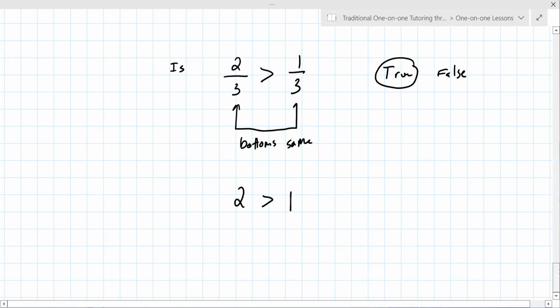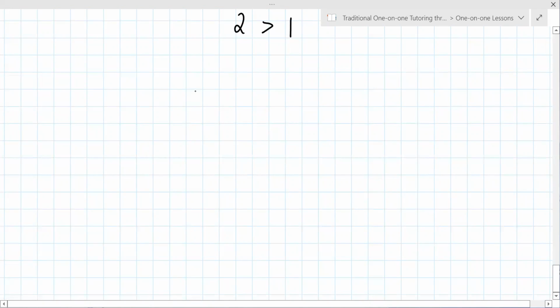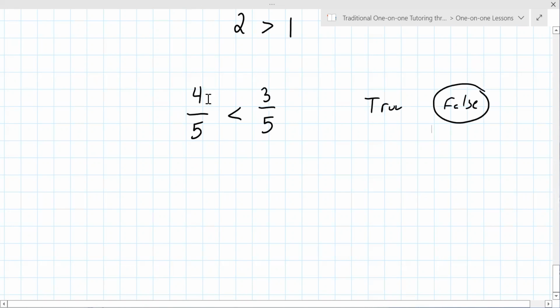Okay. So let's look at another one here. Is this true or is this false? 4/5 is greater than 3/5. Here's how you can say it: you can use the word over to refer to the fraction. 4 over 5 greater than 3 over 5.